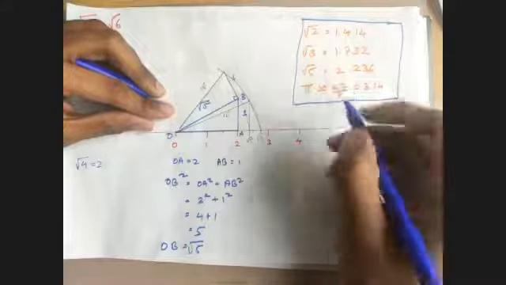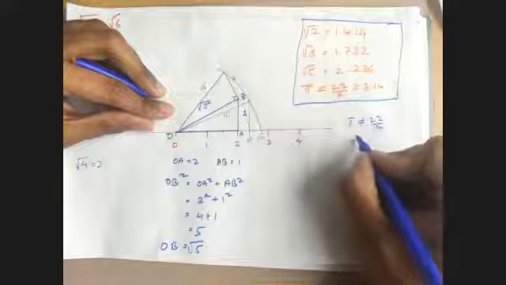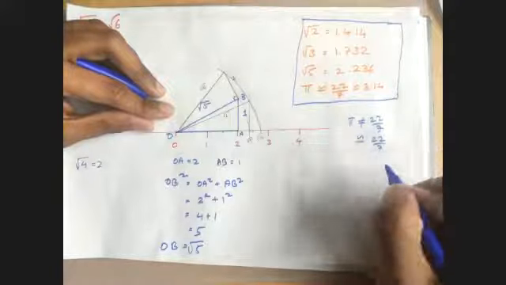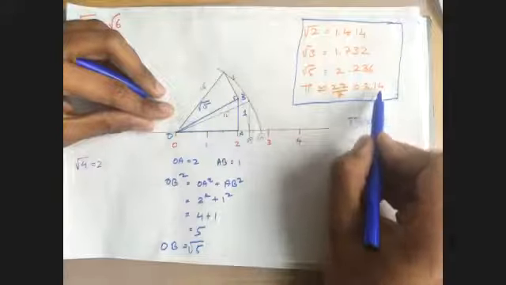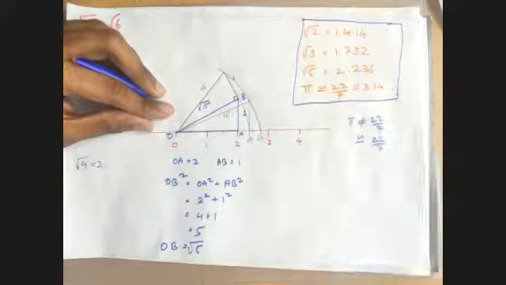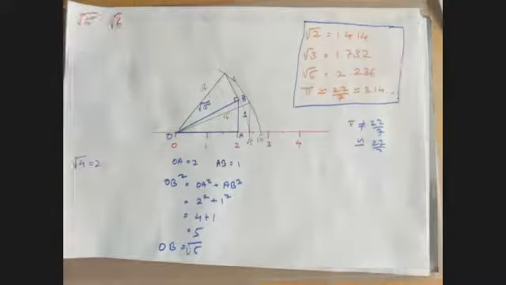Pi is not equal to 22 by 7. It is approximately equal to 22 by 7. This is the approximation value. It is approximately equal to 3.14, and it goes on. I request you to learn these values by heart because we use them frequently.